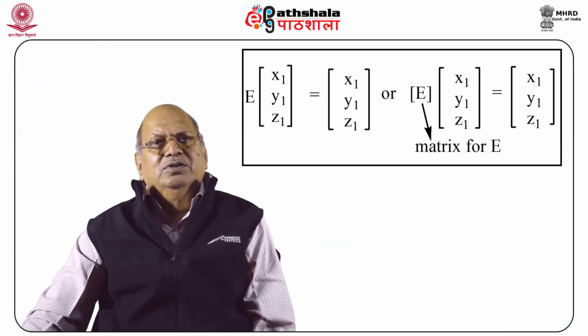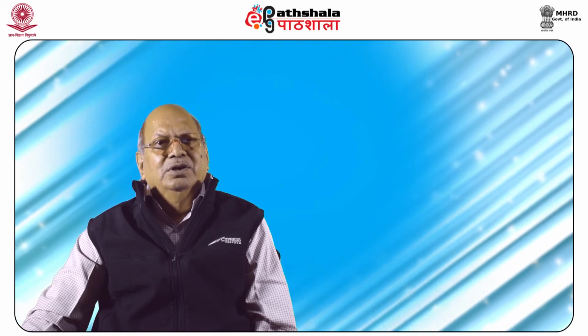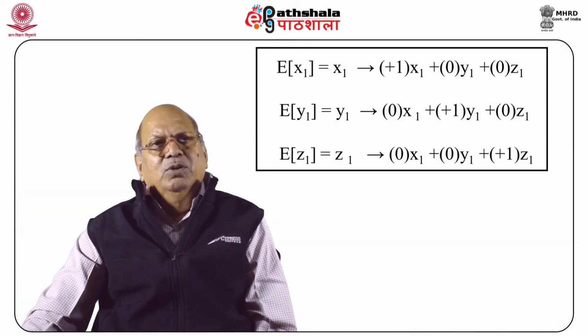Let us see the effect of the E operation. E operated on the general point x1, y1, z1 gives x1, y1, z1 because it does not change anything. In equation form, E operated on x1 gives x1, that is plus 1 x1, 0 y1, 0 z1.